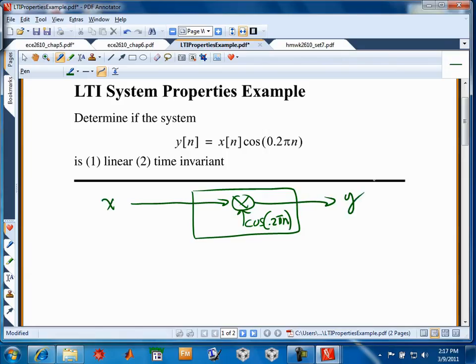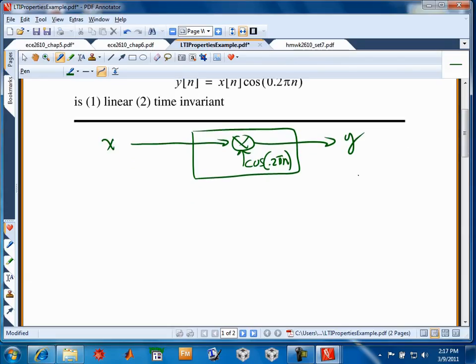So right away, what's the bad news about this system? It must be time varying, right? But if we wanted to actually prove it according to our proof setup, we would get W sub n. We would delay the input to form W sub n, so the input would come in delayed by n naught.